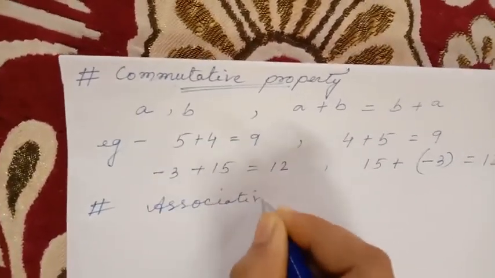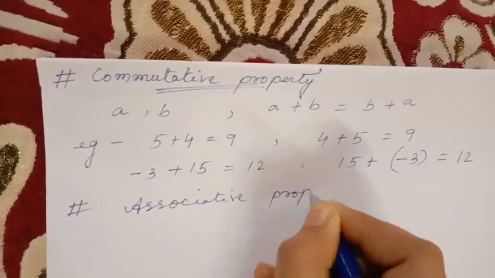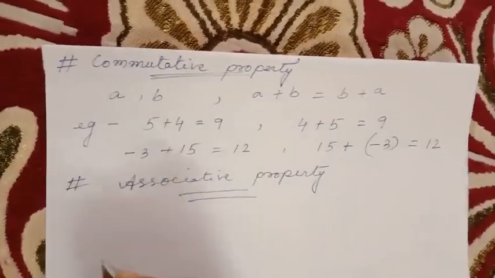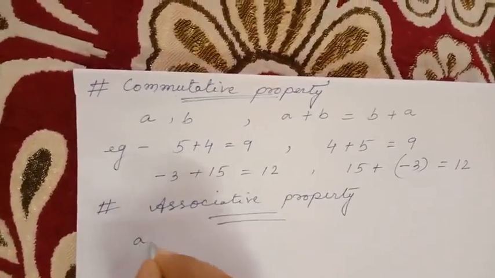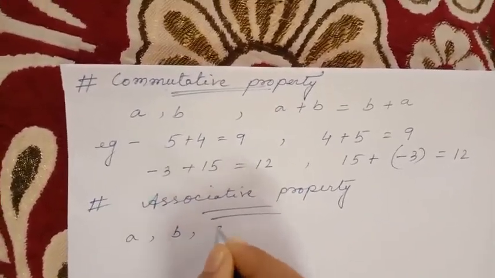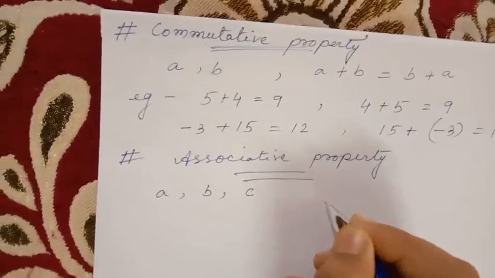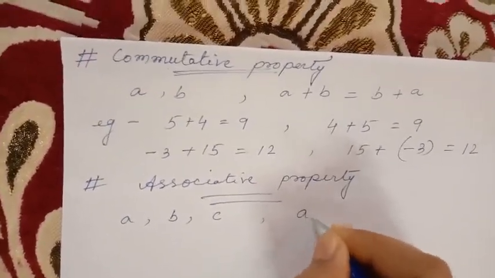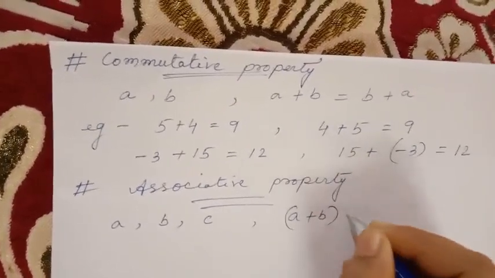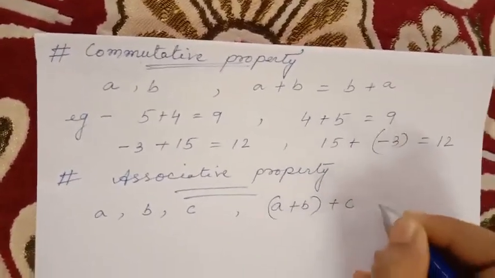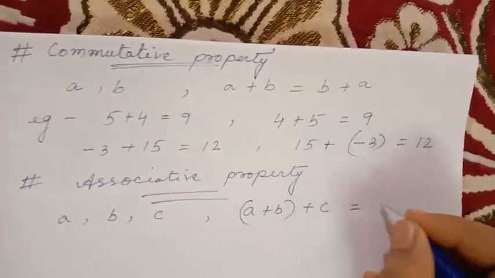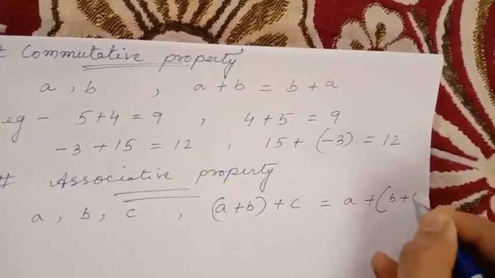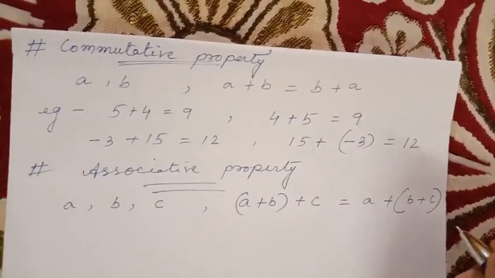If a, b and c are integers, then (a plus b) plus c equals a plus (b plus c).